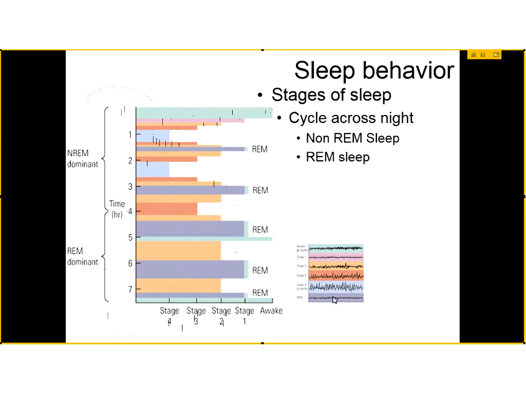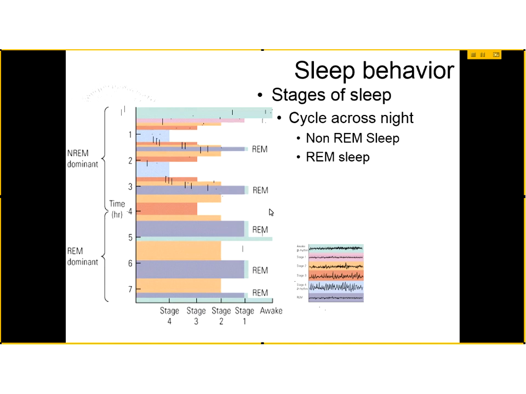And we're indicating REM as being very similar to awake because those patterns are very similar. So we see that you'll start here in stage 1, 2, 3, 4, 3, 4, 3, 2, REM, 2, 3, 4, 3, 2, REM.